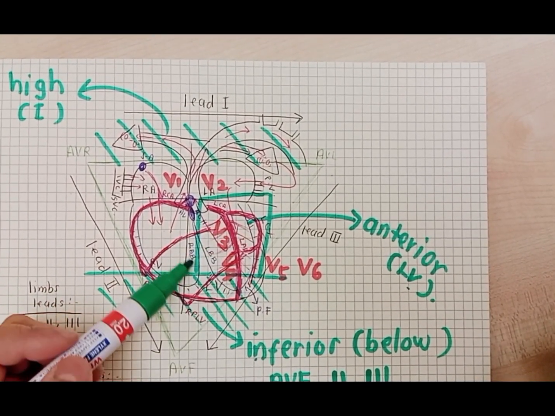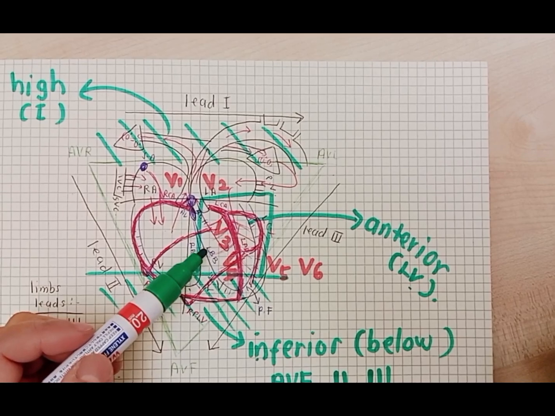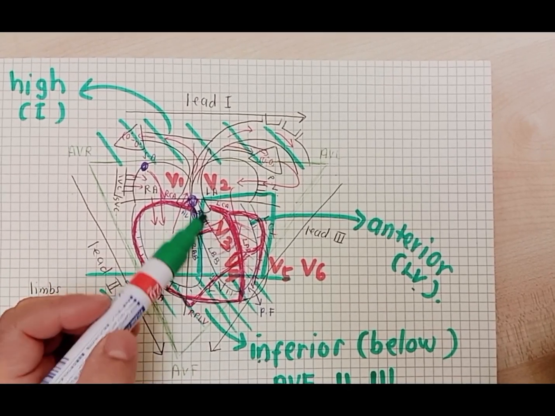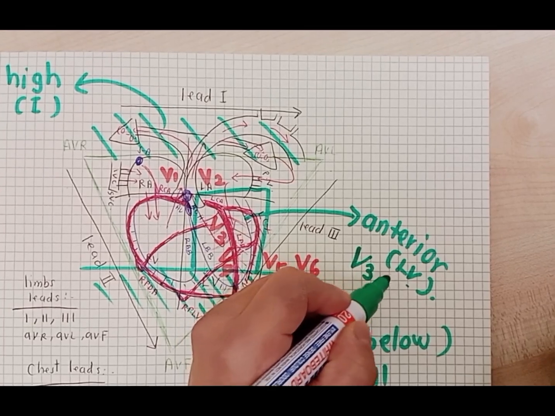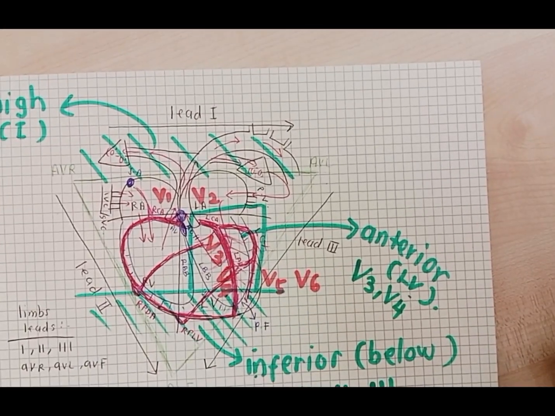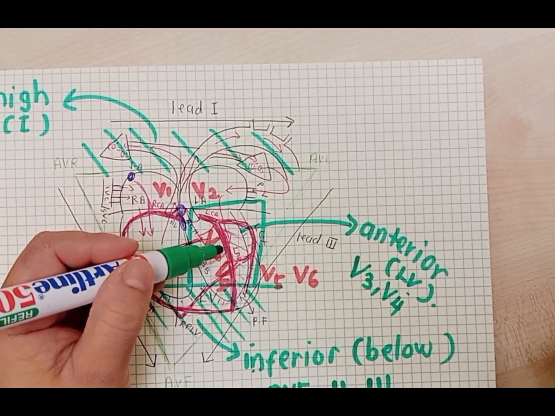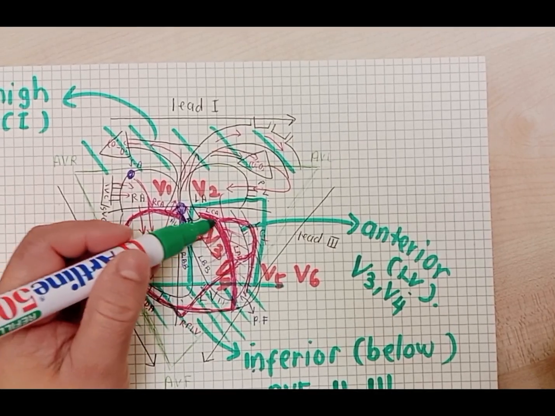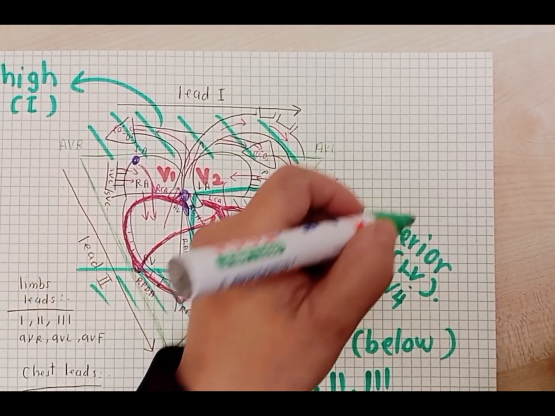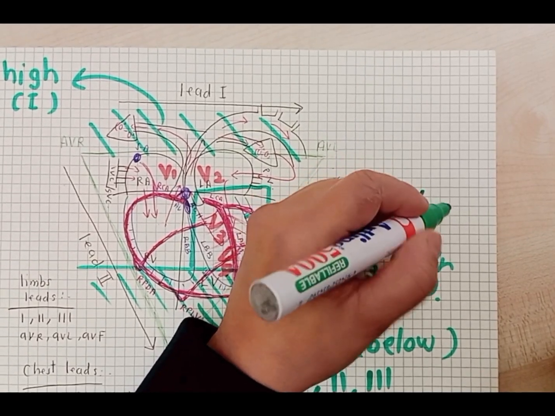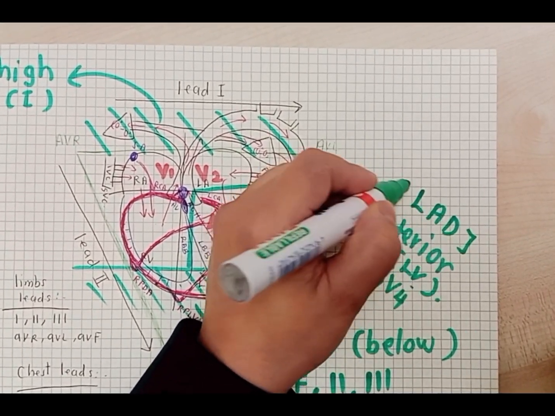V3 and V4 are the leads showing the anterior part of the heart. The artery that covers the anterior part of the heart, or the left ventricle, is the LAD, left anterior descending.